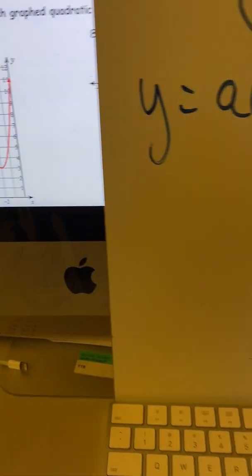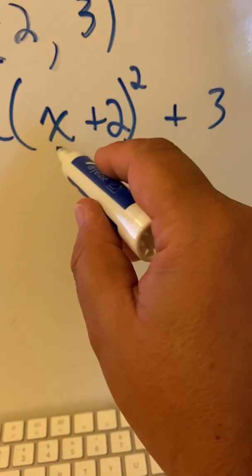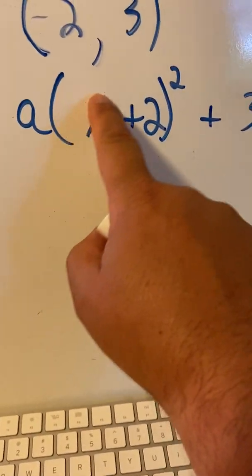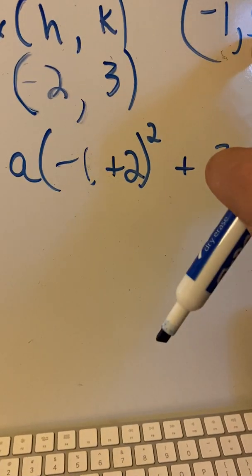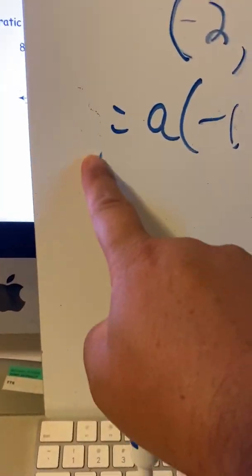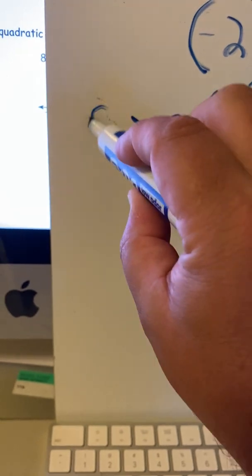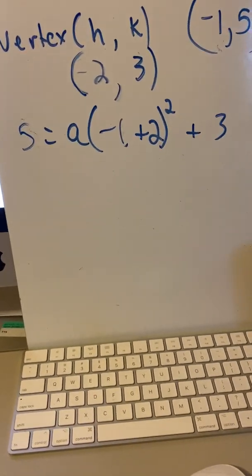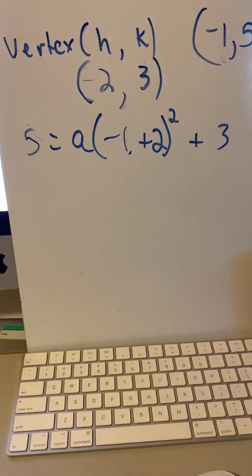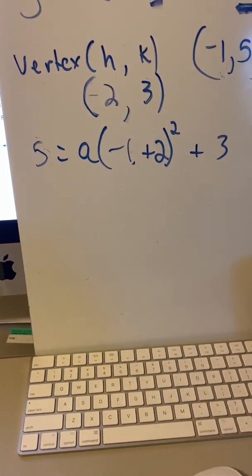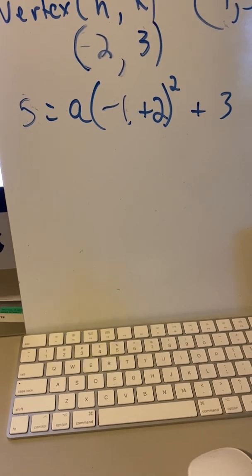I'm going to take the negative 1 and put it in for the x, and I'm going to take the 5 and put it in for the y. Now the only thing that I am missing in this whole equation is the a. That's all I'm missing. So let's figure this out.